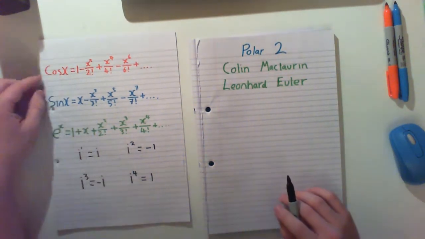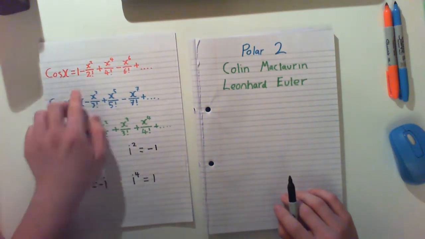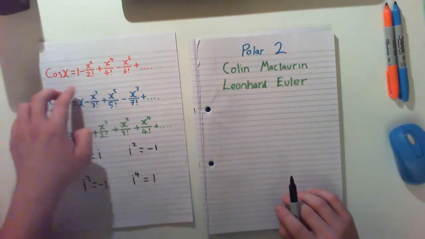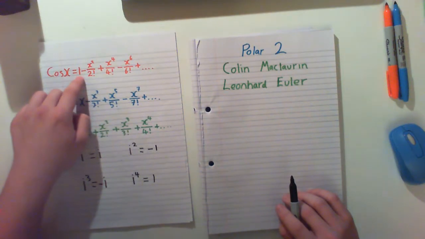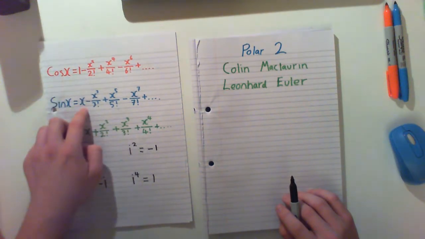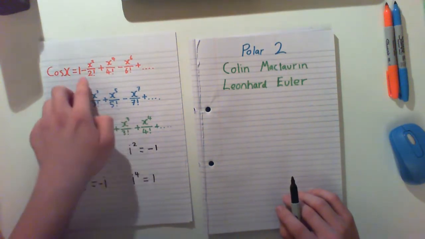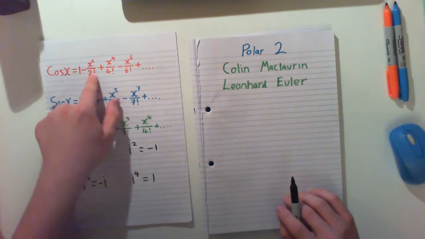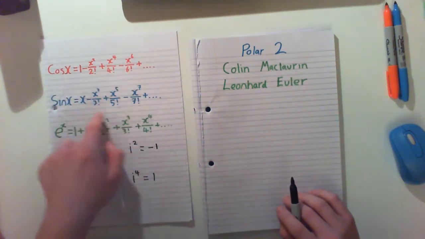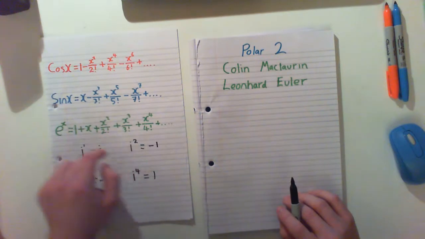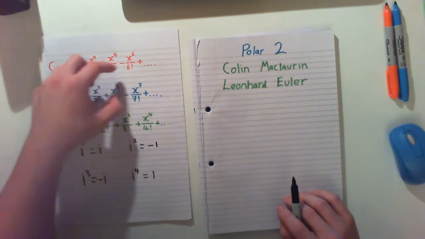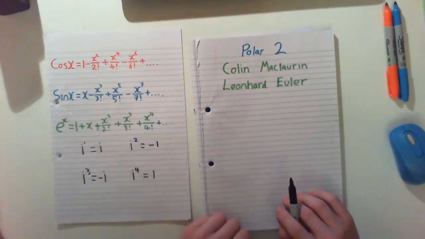If we have a look at these series, you'll notice what they start on. This starts on x to the 0, this starts on x to the 1. They go up on the cos in every even power, on the sine in every odd power, and they alternate the signs: minus, plus, minus, plus going across.